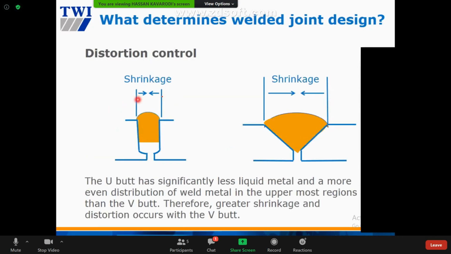Talking about shrinkage, we can see here, this one is single U, and this one is single V. We say U has significantly less liquid metal and more even distribution of weld metal in the uppermost region than the V bevel. Therefore, greater shrinkage and distortion occur in V. Remember, when you have more bevel, more shrinkage, more distortion. So that's what they try to say here. Yeah?